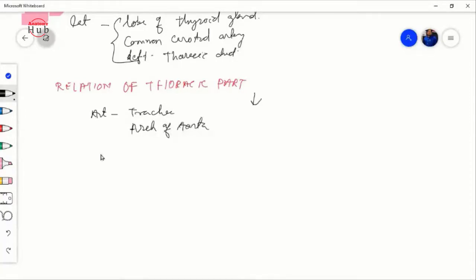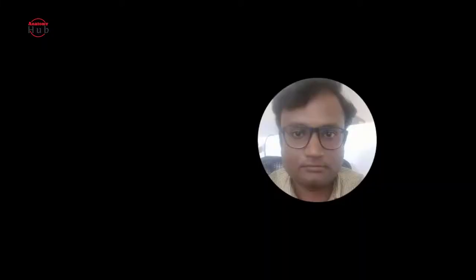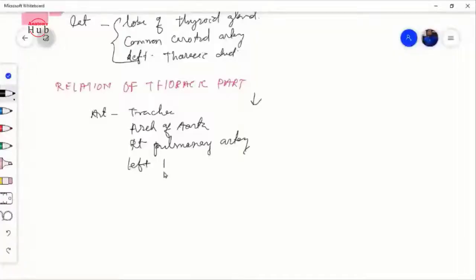Then you'll find the right pulmonary artery, and your left principal bronchus.